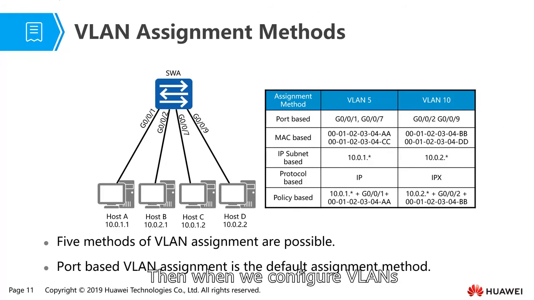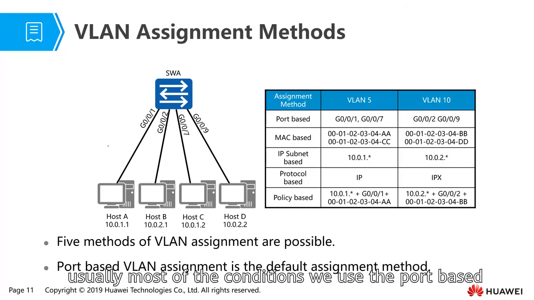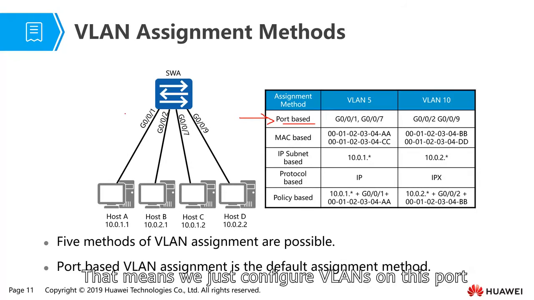And then when we configure VLANs, how do we assign the VLANs to the interface? In most conditions we use the port-based method. That means we just configure VLANs on this port.